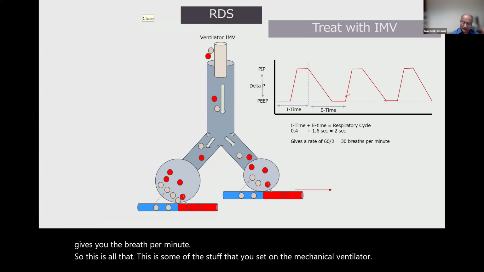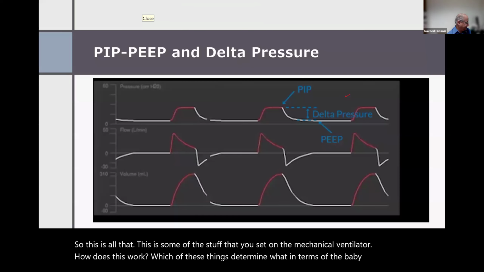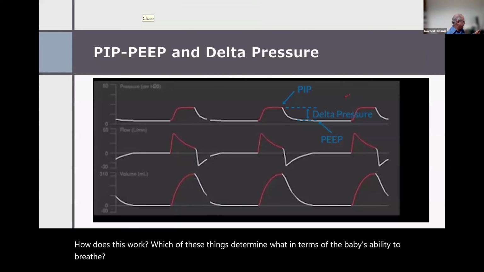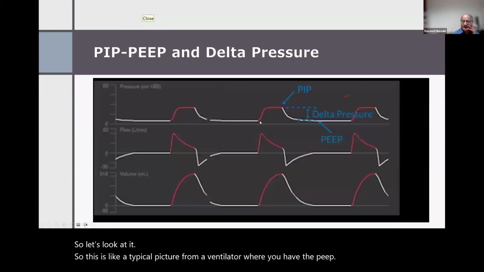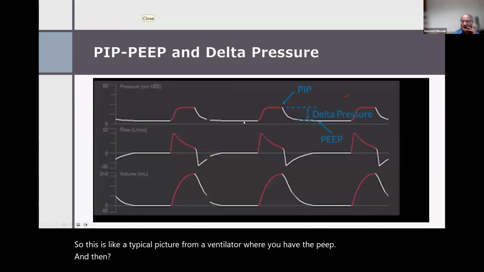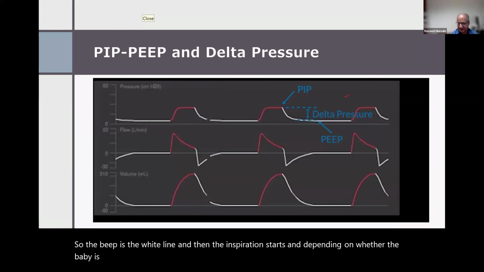Now, how does this work? Which of these things determine what in terms of the baby's ability to breathe? So let's look at it. This is a typical picture from a ventilator, where you have the PEEP, which is the white line, and then the inspiration starts, depending on whether the baby is taking its own breaths or the machine breaths.